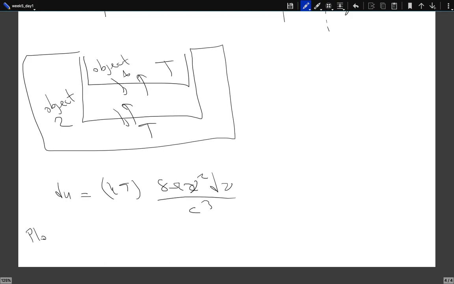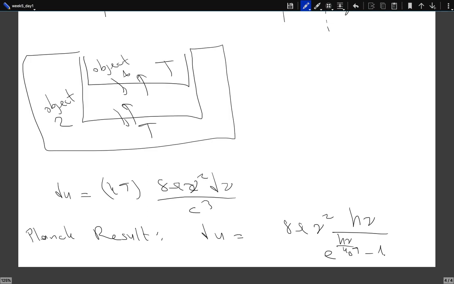Planck's fit is just du equals 8 pi nu squared h nu divided by e to the power h nu over k_B T minus 1, times d nu.